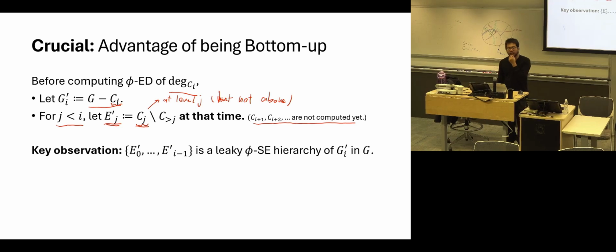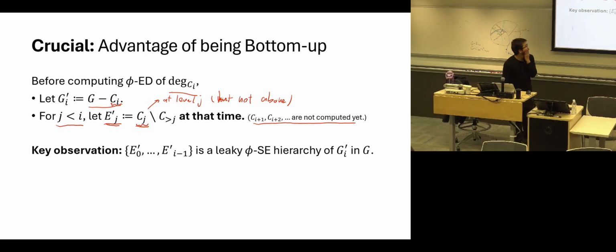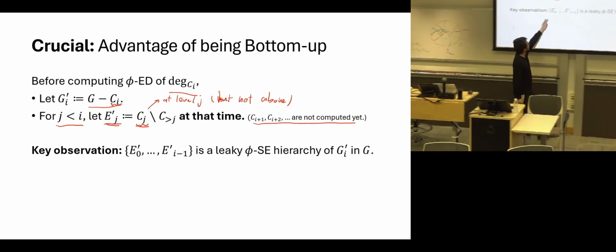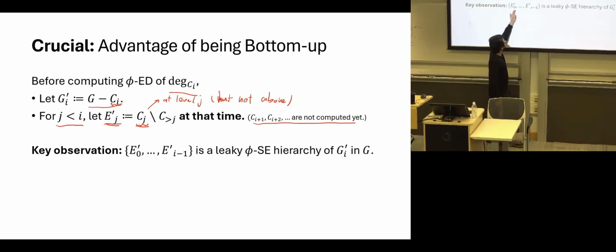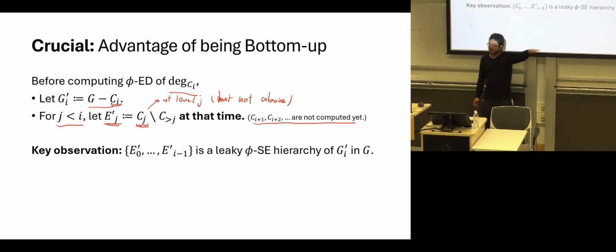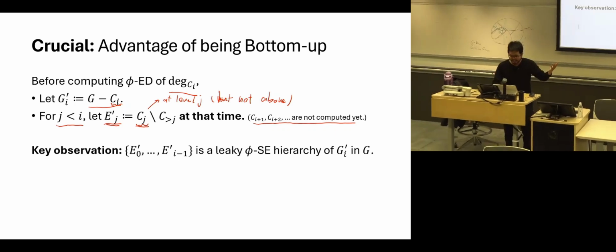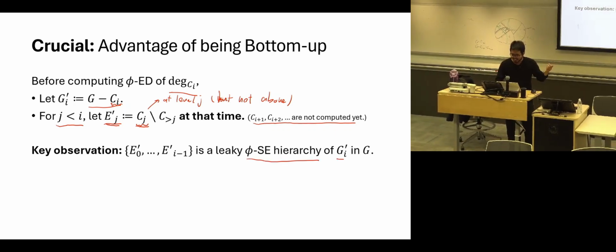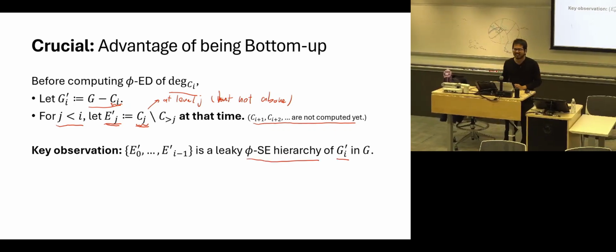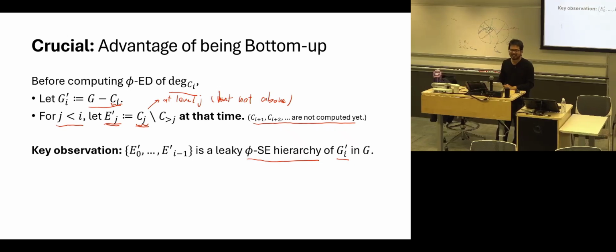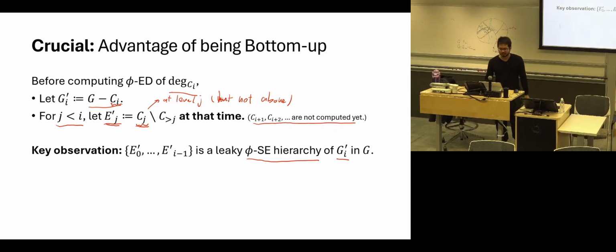Here's a key observation. These edges from level 0 up to i minus 1 at that time actually already form an SE hierarchy of this graph. Why is this?